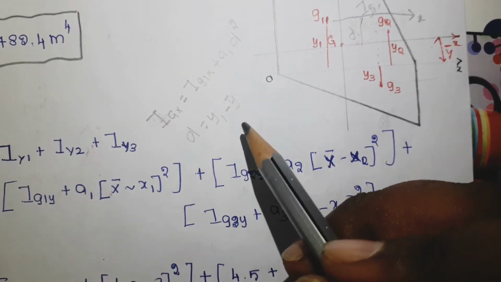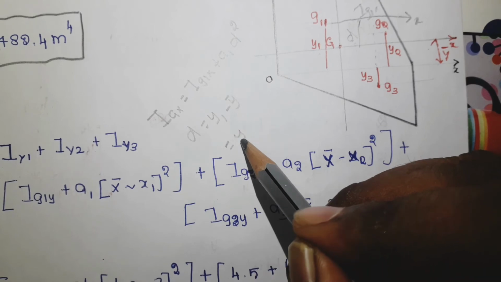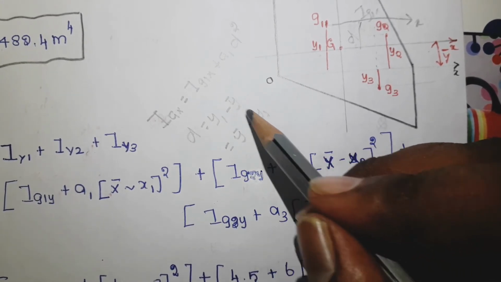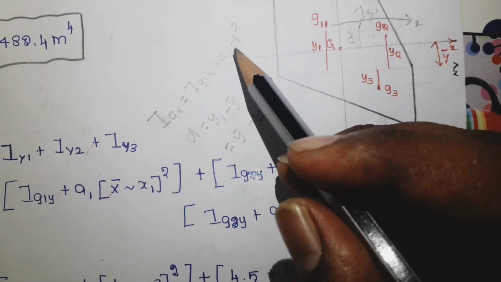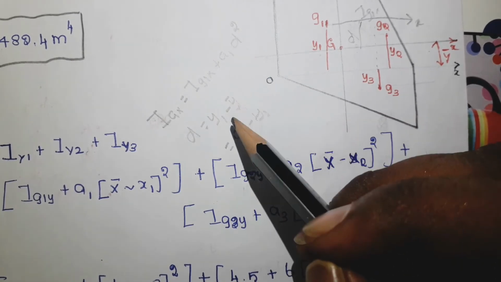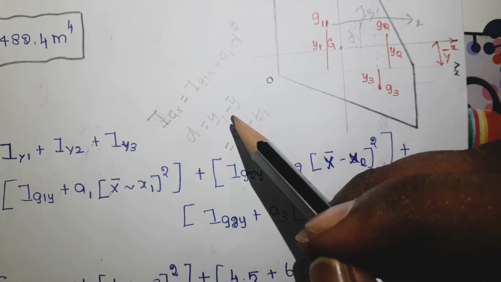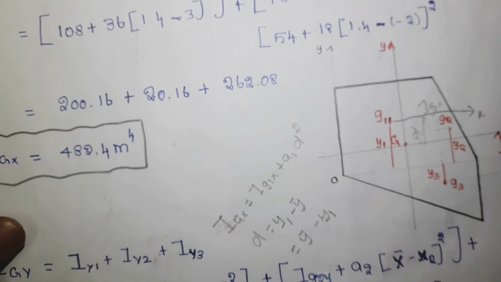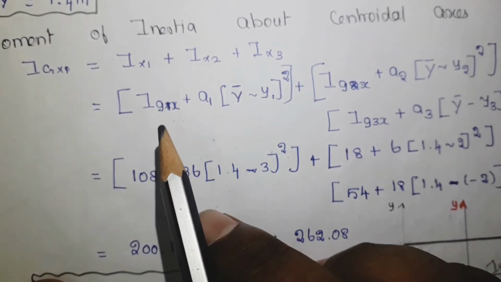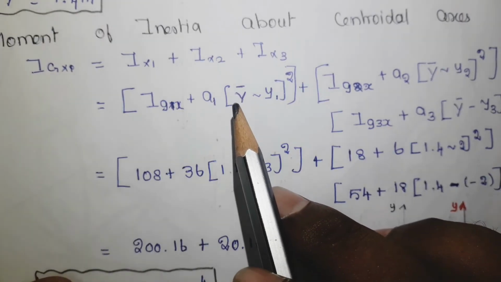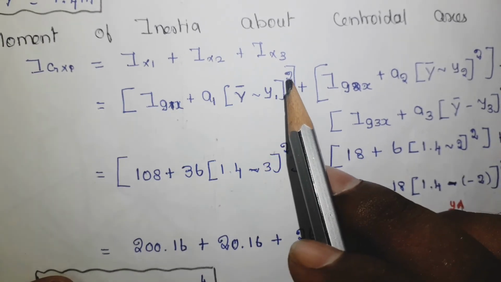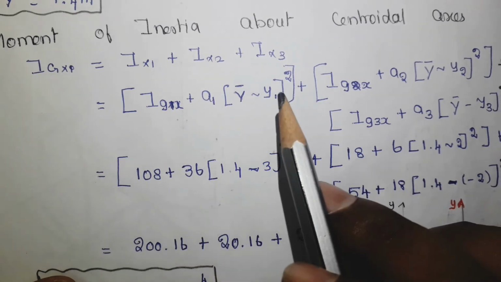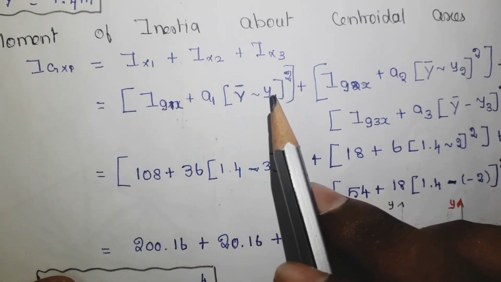Now this can be rewritten as y bar minus y1, because I am going to take the square of this one, so both minus and plus don't matter, the sign can be converted into plus only. Now this equation has become Ig1x plus a1 into y bar minus y1 the whole square. So this is the moment of inertia with respect to centroidal axis for the square.